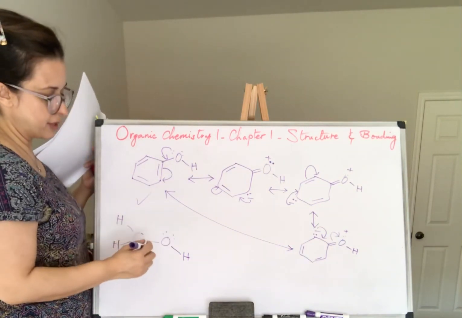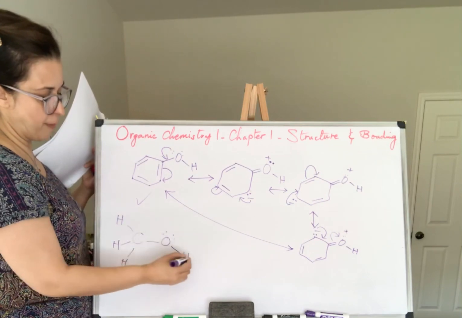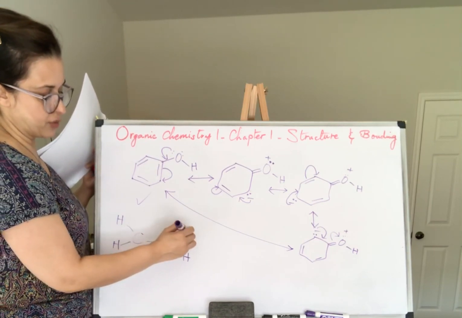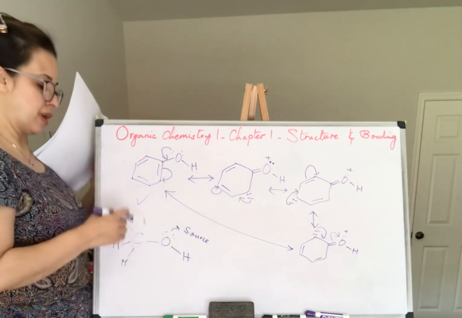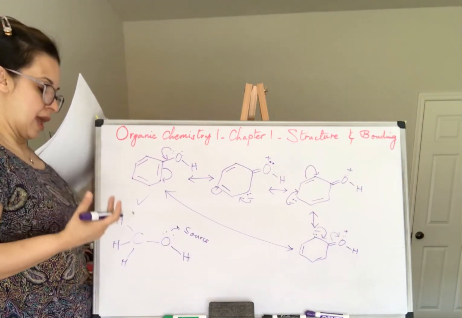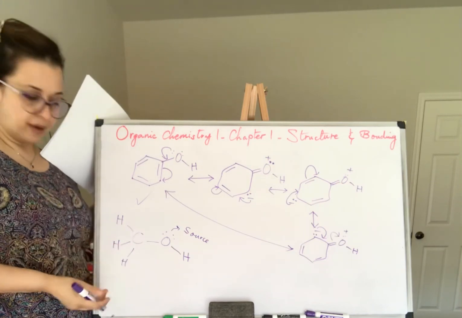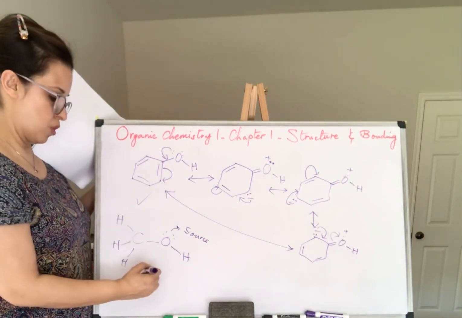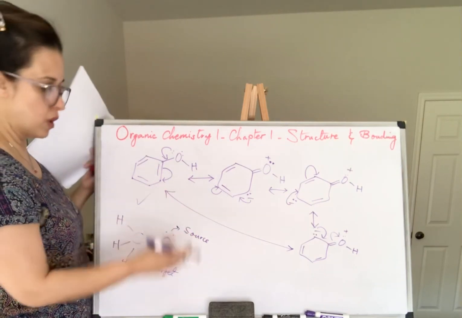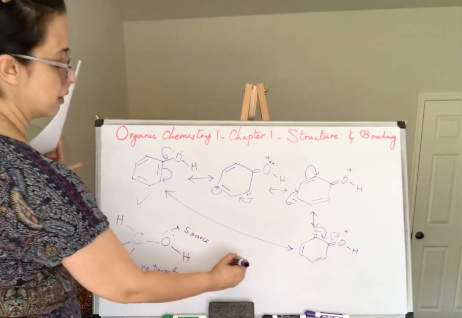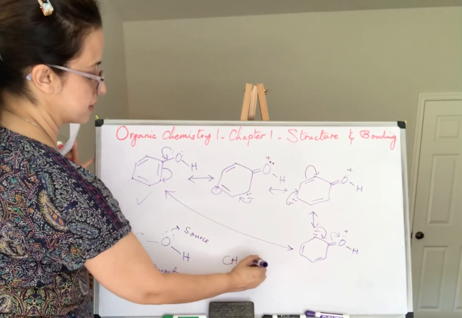If you look at this compound, you see there is a source, right? But do you see a target? Do you see a positive charge? Do you see a double bond? Do you see a radical? No. So there is no target here. So where do the electrons flow to? The second one, you have this.